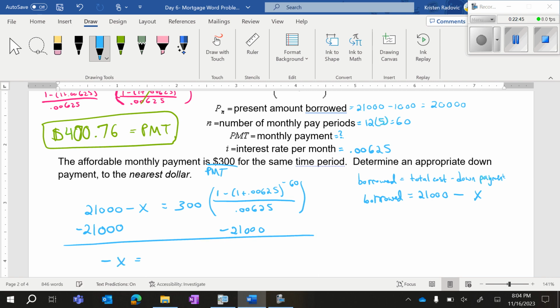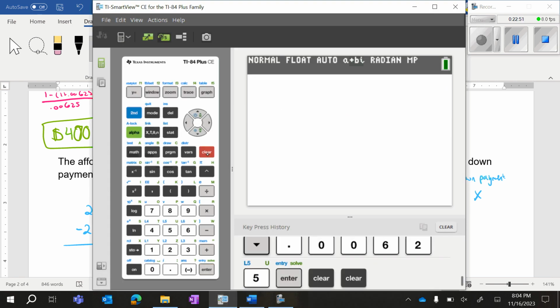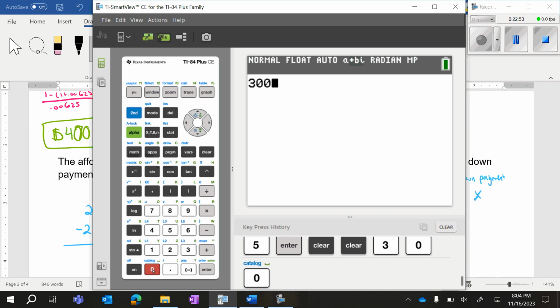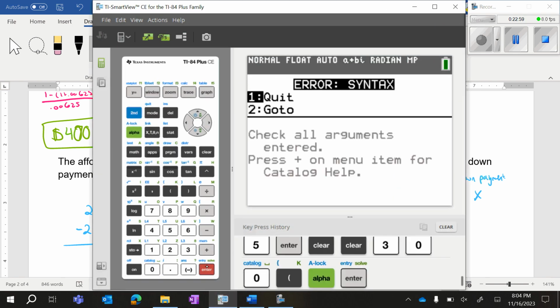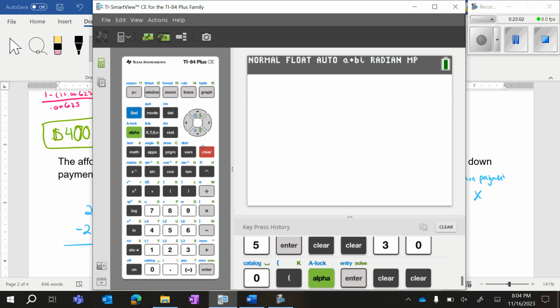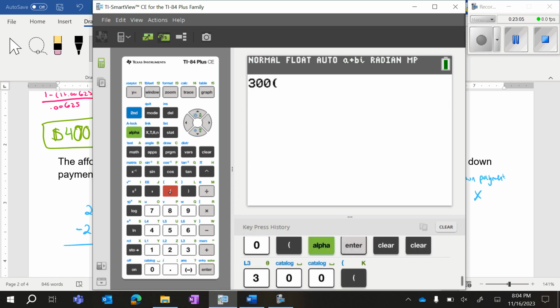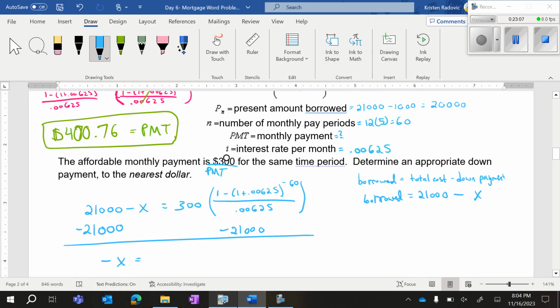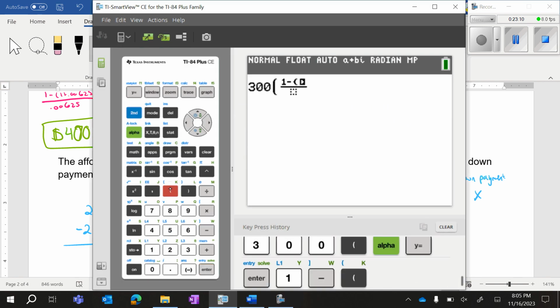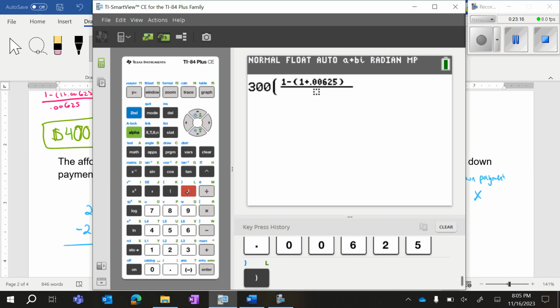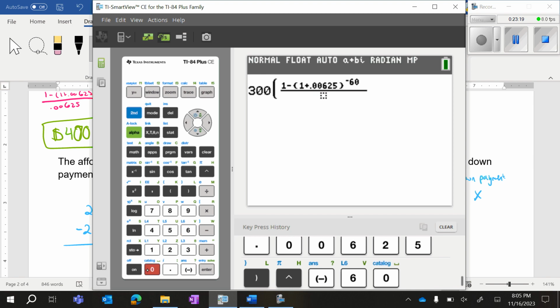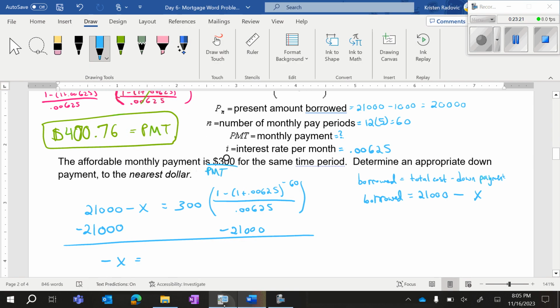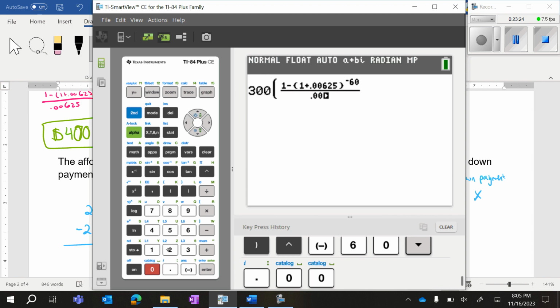So 300 times alpha y equals, there we go, 1 minus 1 plus 0.00625 to the negative 60. My denominator is 0.00625. Double check that you're plugging it in right. That would be helpful. And then we said that we are subtracting $21,000. And you get negative 6028.